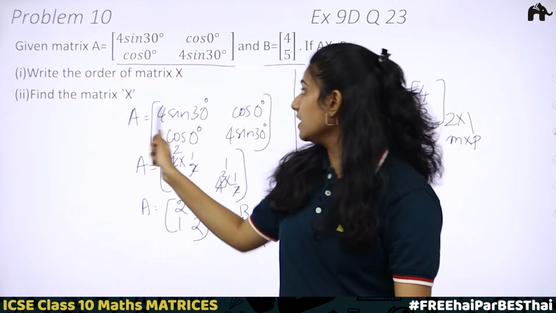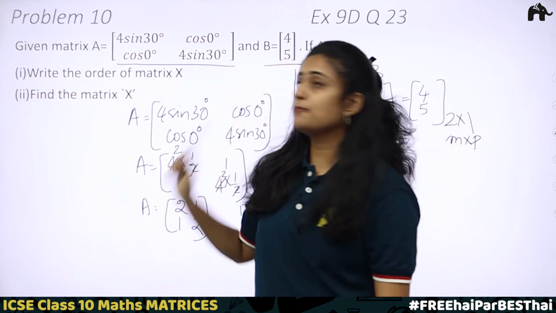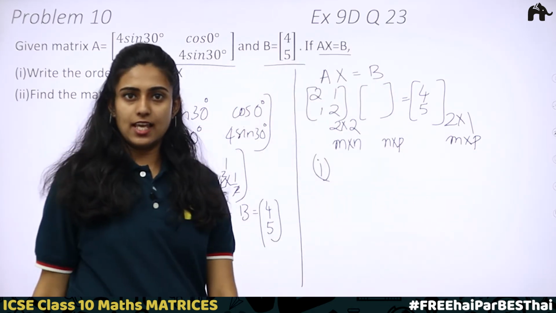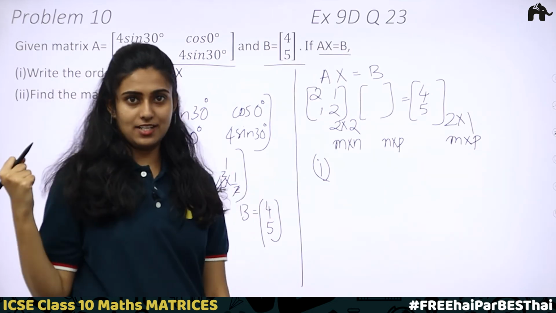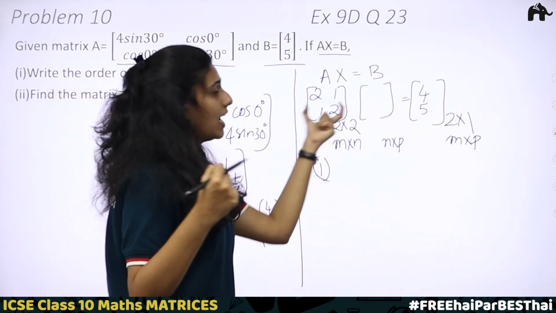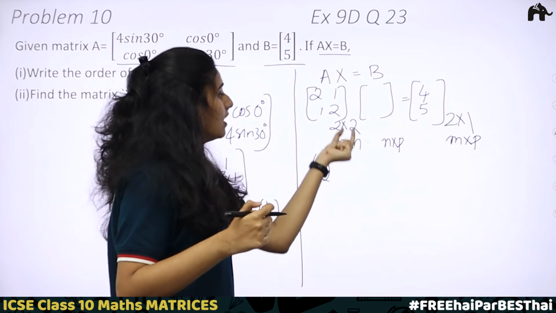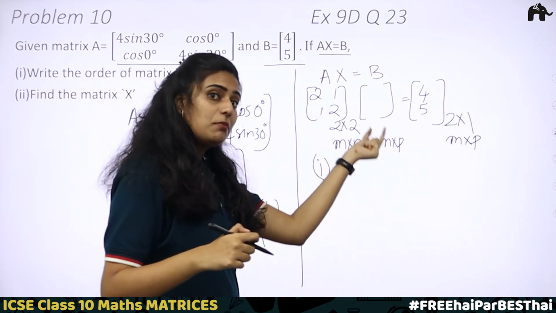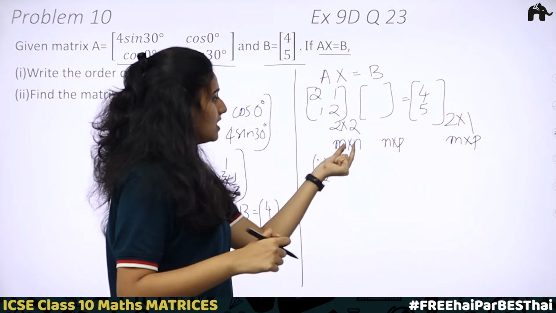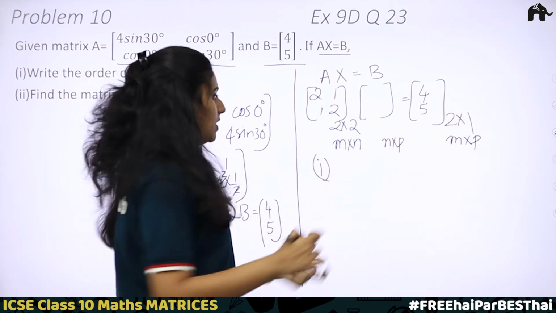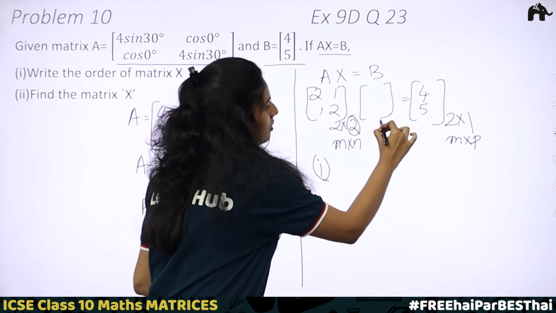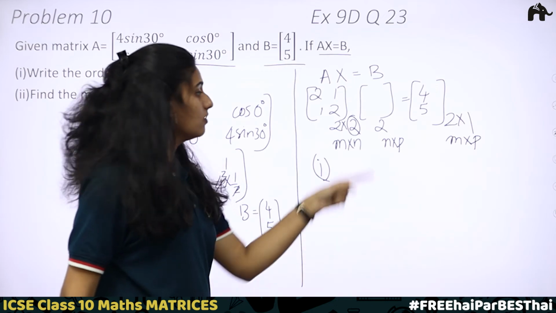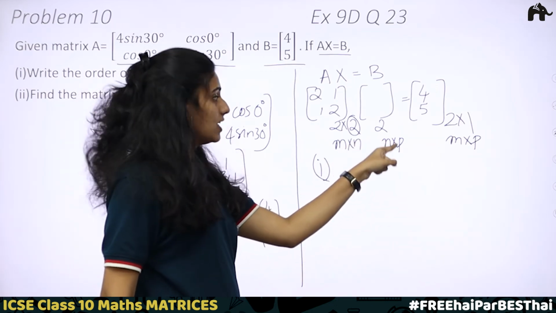Here in the first question, we need to find the order of matrix X. What should be the order of matrix X? Matrix X is multiplied with matrix A. Here, the number of columns in the first matrix should be equal to the number of rows in the second matrix. That is, this N value should be the same. Here we have 2. Therefore, the number of rows should be 2. Then we need the value of P. What is P?